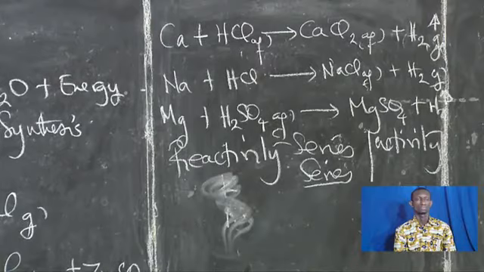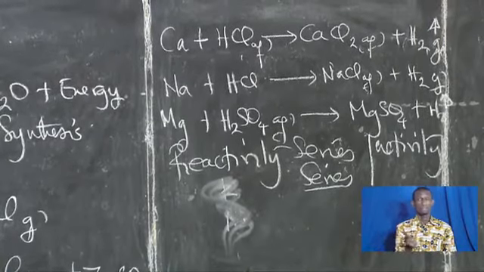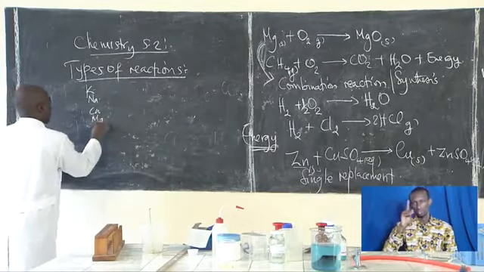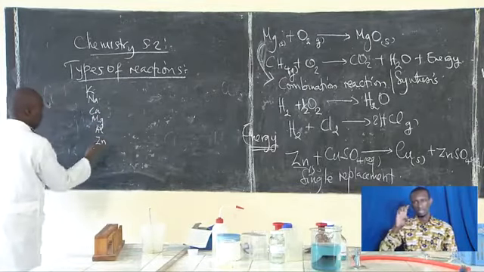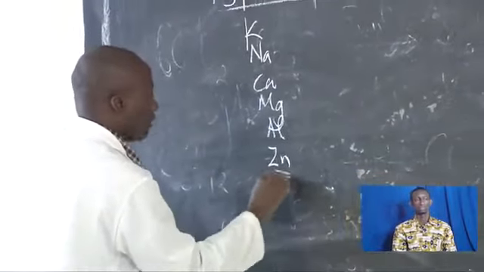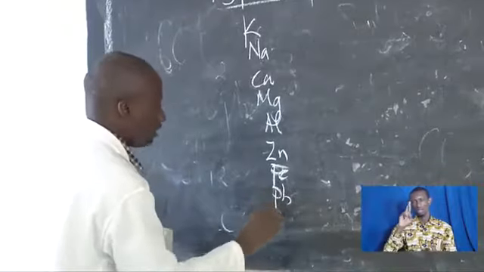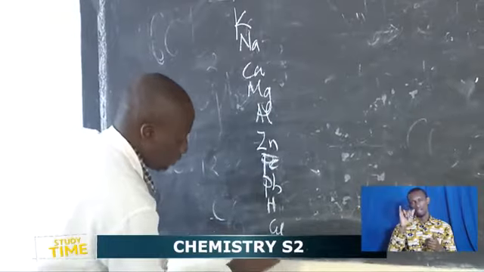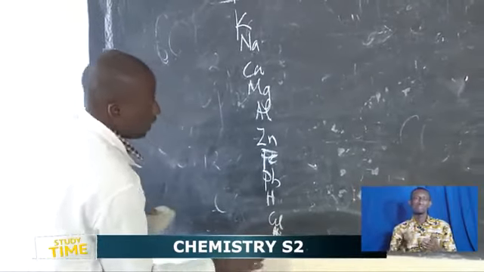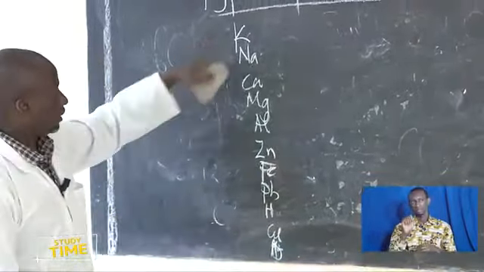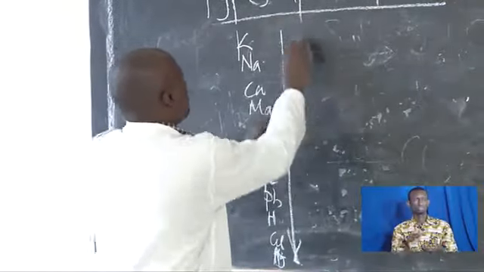You have potassium, sodium, calcium, magnesium, aluminum, zinc, iron, lead, hydrogen, copper, mercury, and then silver, the last.